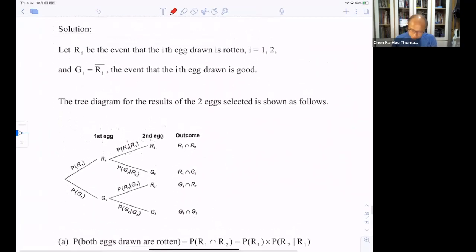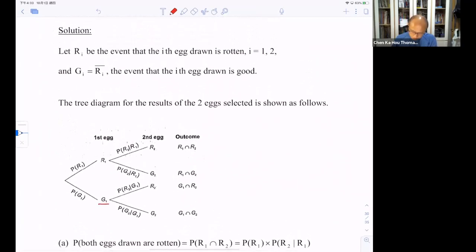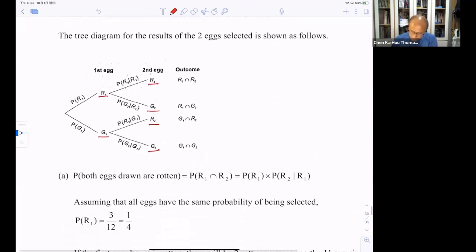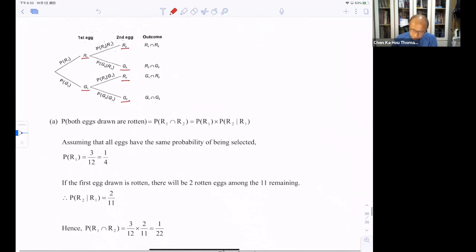The first one is good or bad, the second one is good or bad, and next is both are bad. You trace the diagram from the first one: the first one is rotten, and the second one is also rotten. So you trace this path, and you find this answer.